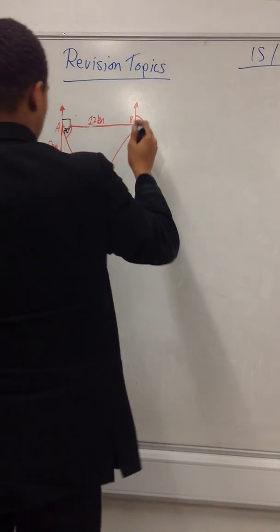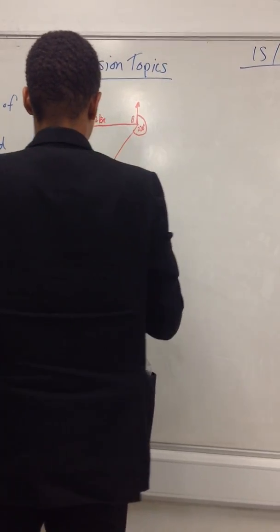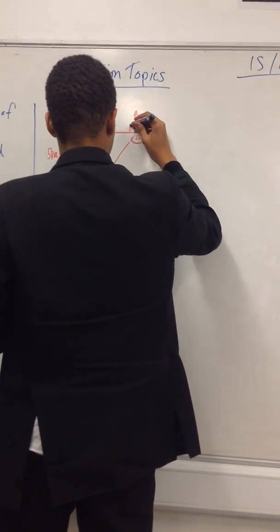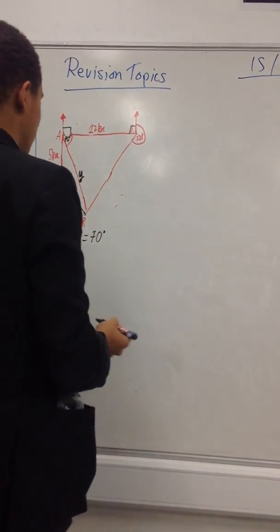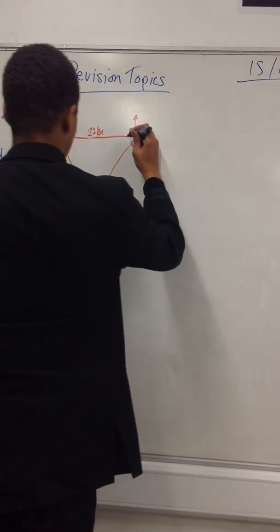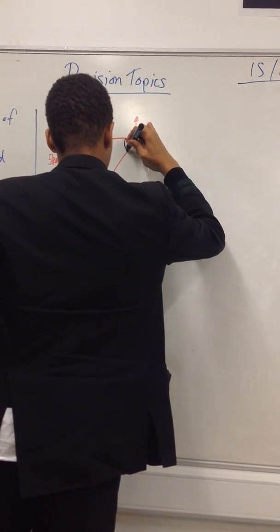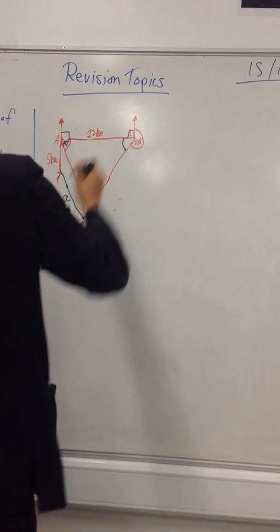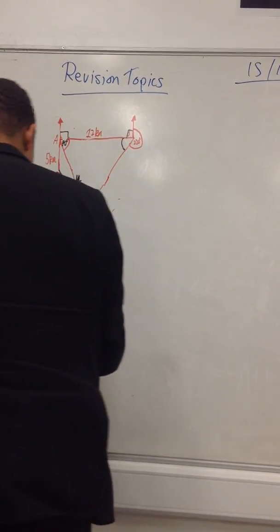And over here, we've got another right angle, so that can go in there. We need to get this angle here. That angle is on a point, so it equals 360 degrees.